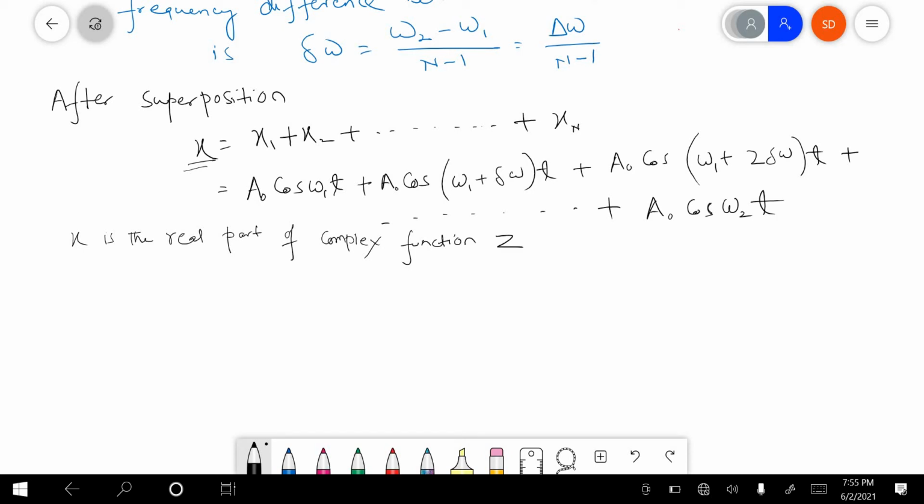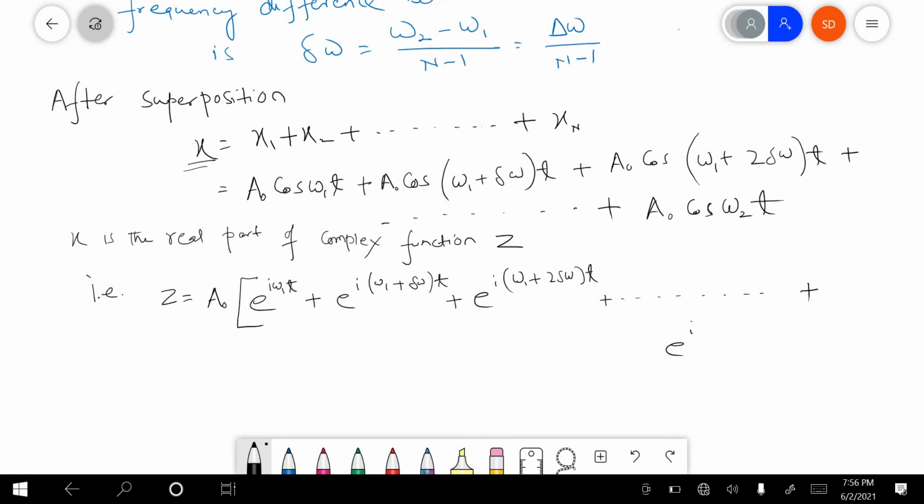That is, z is equal to a naught, we can write like this, a naught times e to the power i omega 1 t plus e to the power i (omega 1 plus del omega) t plus e to the power i (omega 1 plus twice del omega) t, like this, plus e to the power i (omega 1 plus (n minus 1) del omega) t.